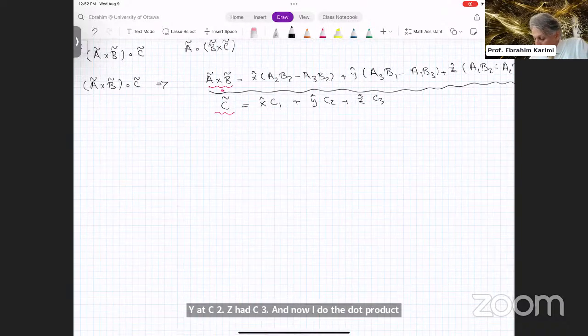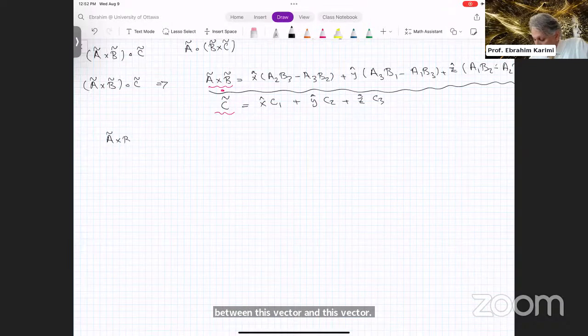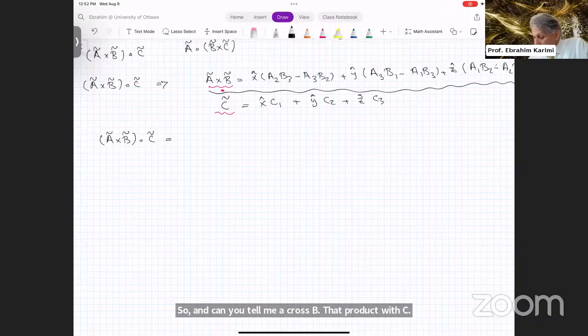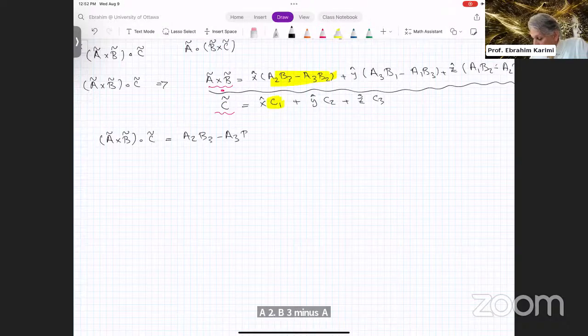So, can you tell me A cross B dot product with C, which will be the first component of this multiplied by the first component of that, which will be A2 B3 minus A3 B2 times C1. And then plus, remember the result is a scalar, so it should go with a plus.